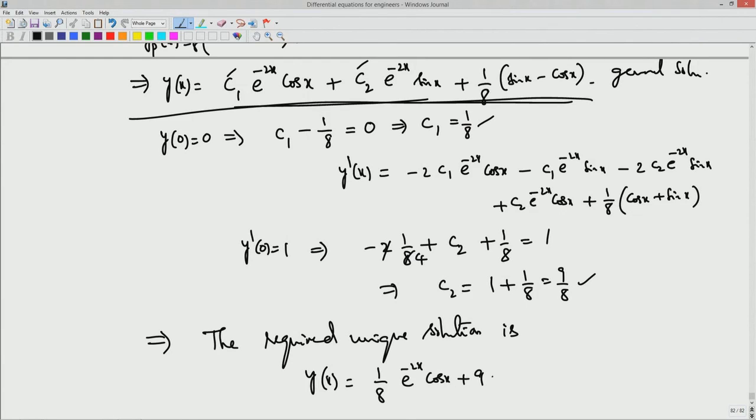So, the unique solution is y of x equal to, with C1 is 1 by 8, 1 by 8 e power minus 2x cos x plus 9 sin x, together the first two terms, plus 1 by 8 sin x minus cos x. You can take 1 by 8 out. So, this is the unique solution of the given equation with the initial conditions.